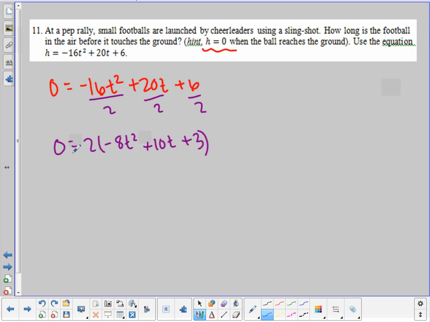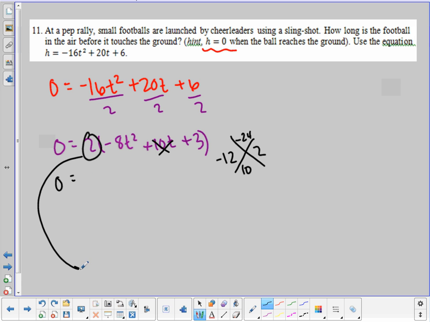Okay, so now set up your factor X with the thing in the middle. I'm going to have a negative 24 on the top and a positive 10 on the bottom. That means I want negative 12 and positive 2. So if I split that 10, remember that GCF is just going to come down to the bottom. We'll come back to that.